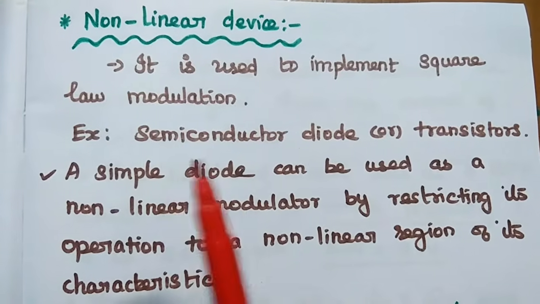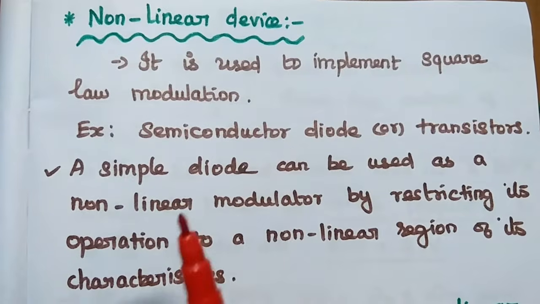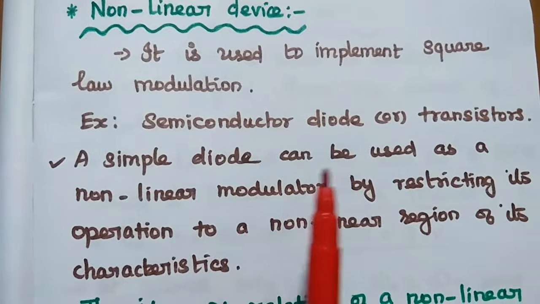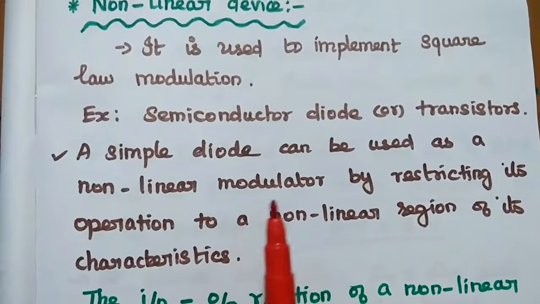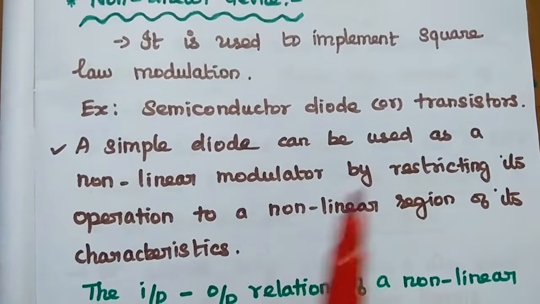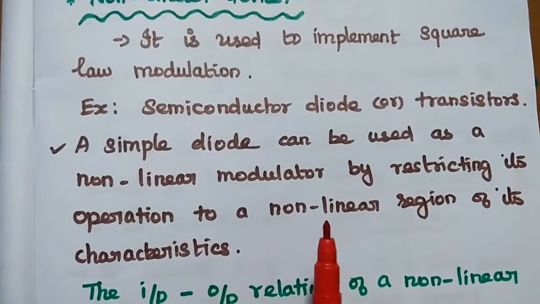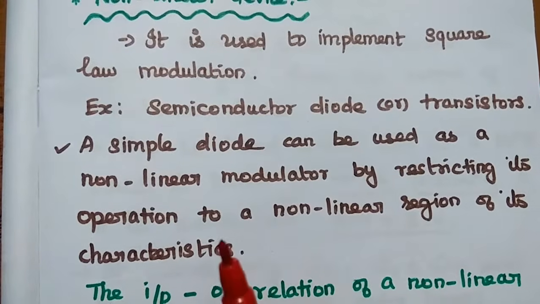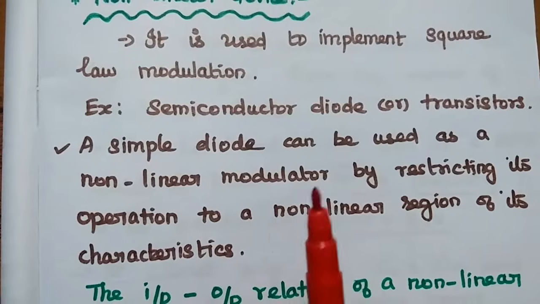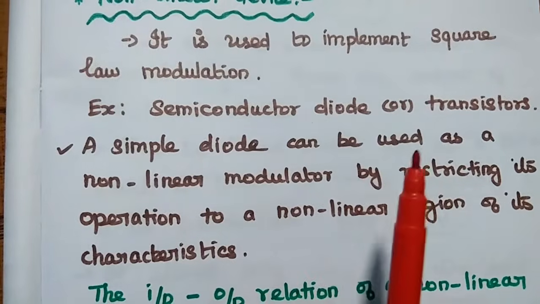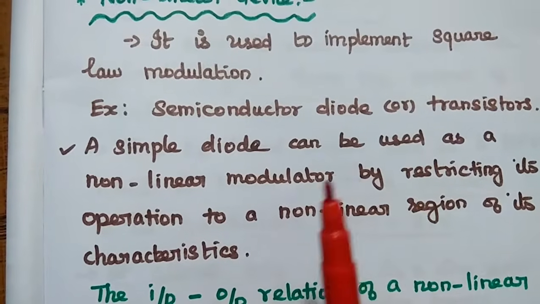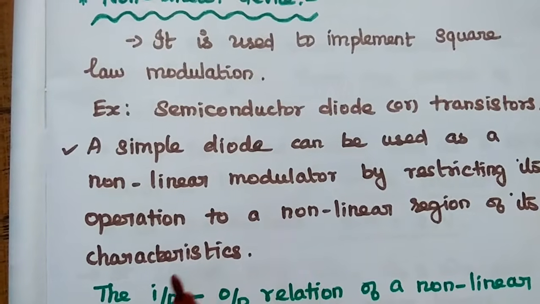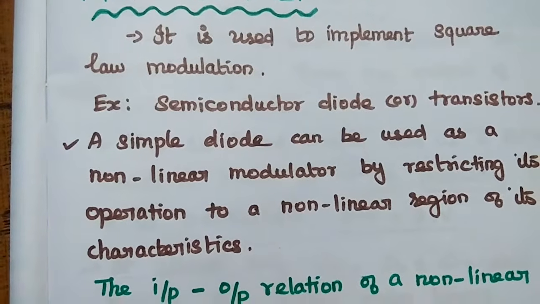Here we can use either a semiconductor diode or transistor as a nonlinear device. A simple diode can be used as a nonlinear modulator by restricting its operation to the non-linear region of its characteristics, because the diode can have linear characteristics as well as non-linear characteristics. So we restrict the operation of the diode to its non-linear characteristics.